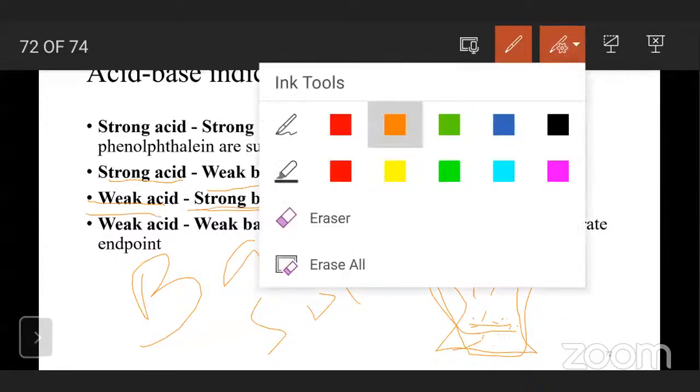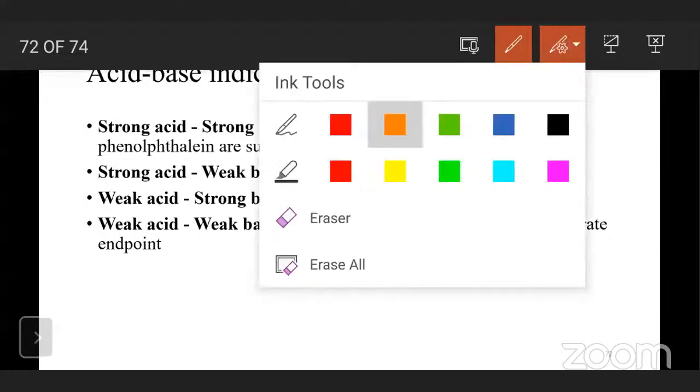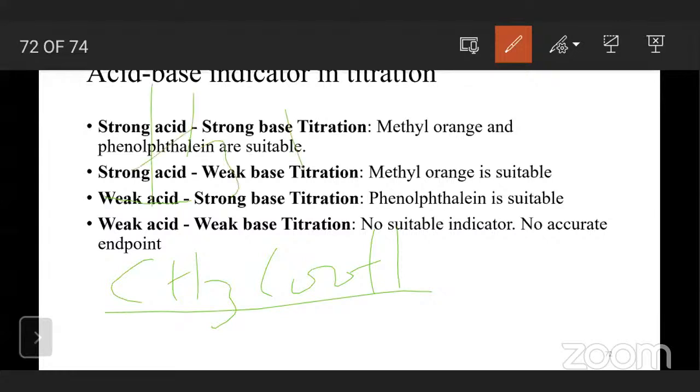For instance, let's pick another pen. Okay, let's pick this. For instance, give me an example of a weak acid. Did you mention something like this, CH3COOH? This is acetic acid, an organic acid. Or maybe you are using H3PO4. It's also a weak acid.